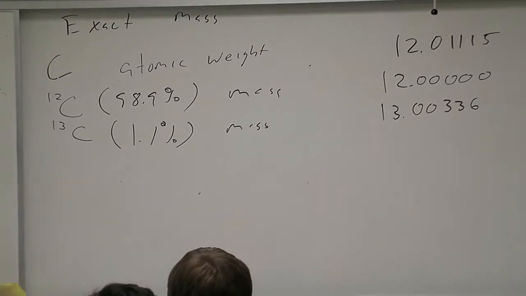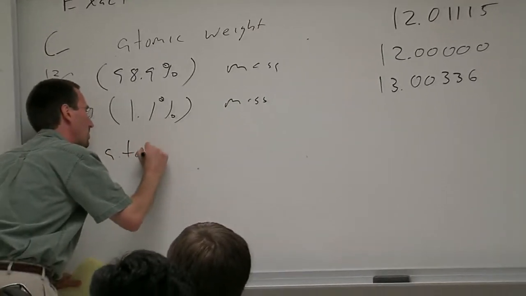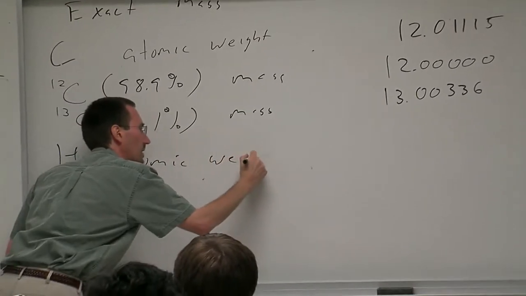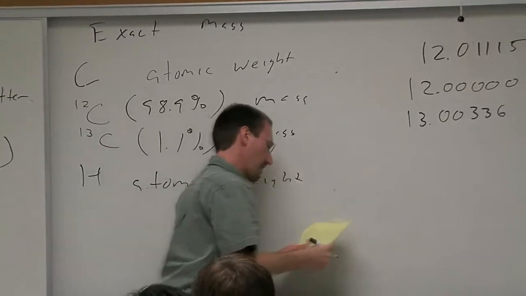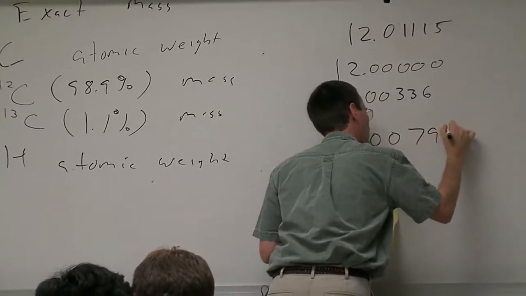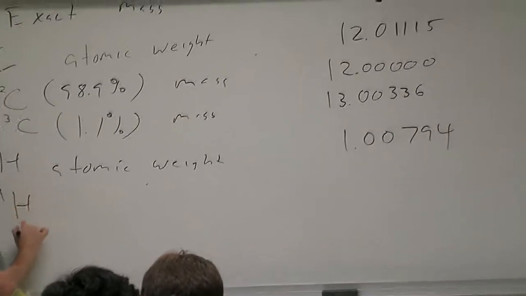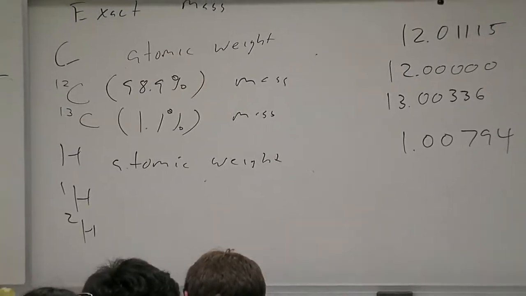Other elements also have isotopes. Hydrogen, for example: the atomic weight in the periodic table is 1.00794. And yet hydrogen is a mix of hydrogen and deuterium, sometimes called heavy hydrogen.